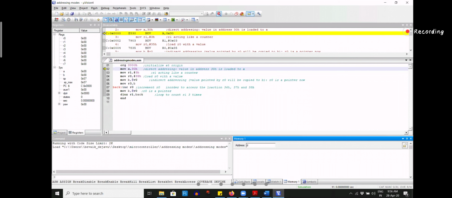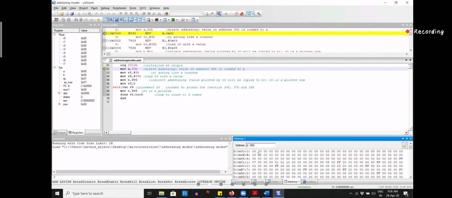Type D colon space 30h, and you'll get this location.